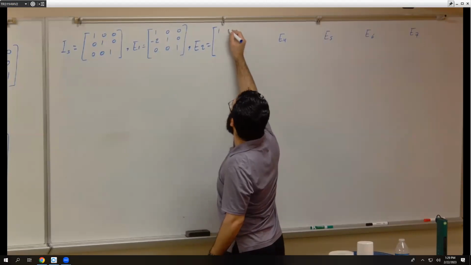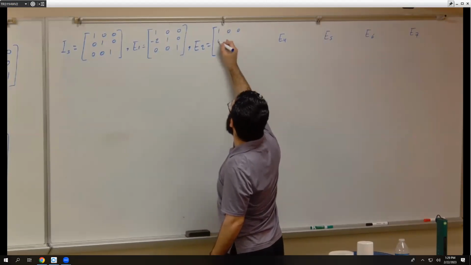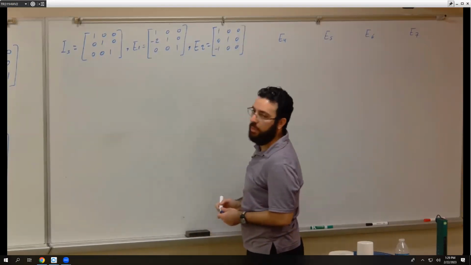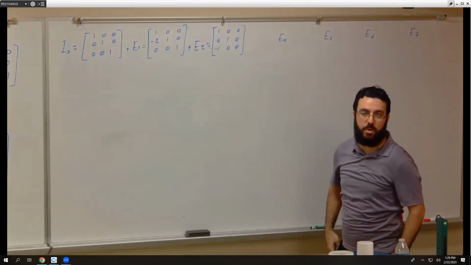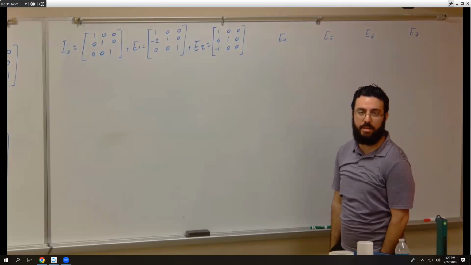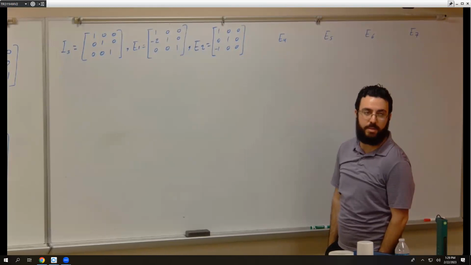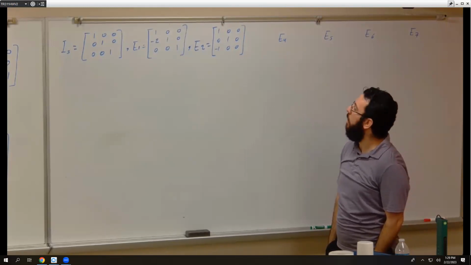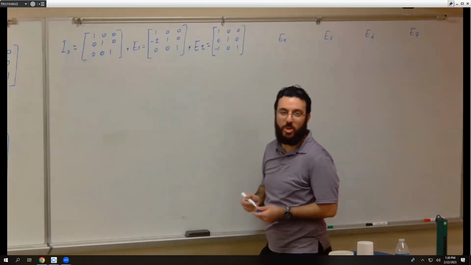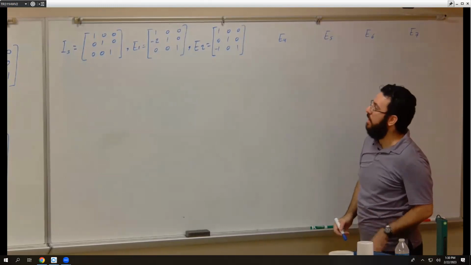So 1 0 0, 0 1 0, -1 0 0. Yes or no? Is that hard? That's E2. The last number is still one, right? Oh, it's one. Yes, tell me. Sorry, because it's the identity, so it's one, okay? Now E3.